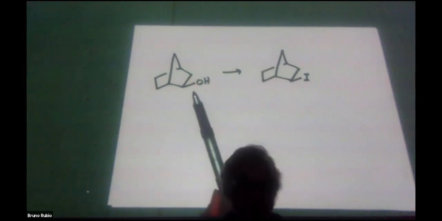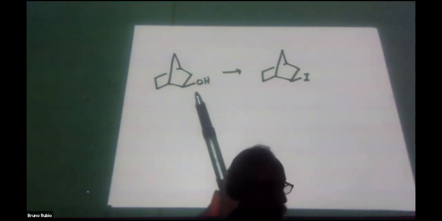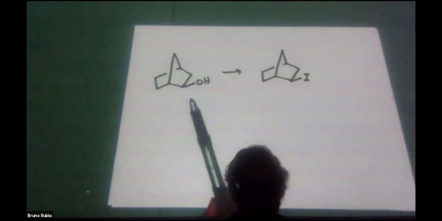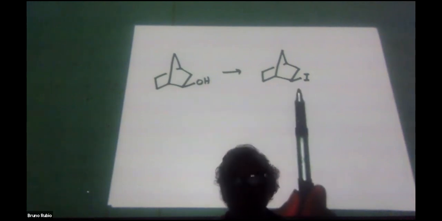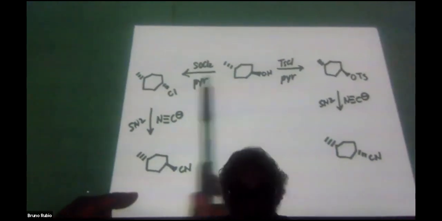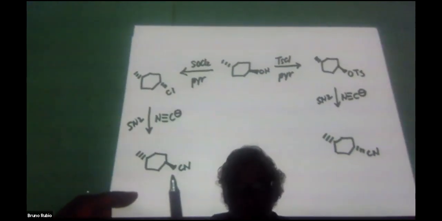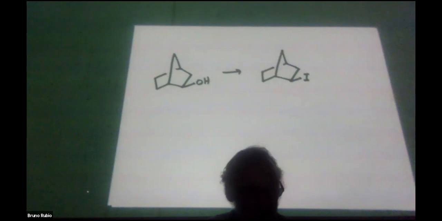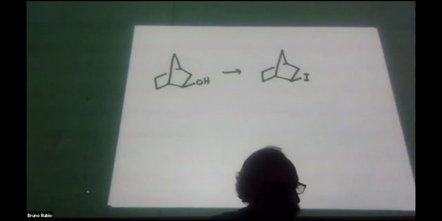See, exo, that's what we call this position here. It doesn't matter what it's called. Exo stays exo. Wedge stays wedge using that Darzens halogenation. Yeah, so I don't want to have tosylation here.